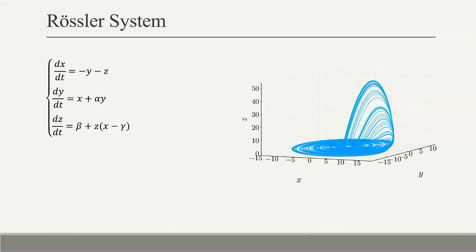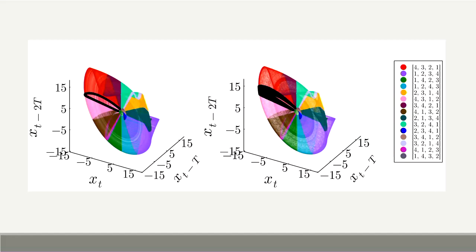If I look at the Rössler as another example of a time series, I'll do the same ordinal partitioning for Rössler, the high sampling one and the low sampling one.